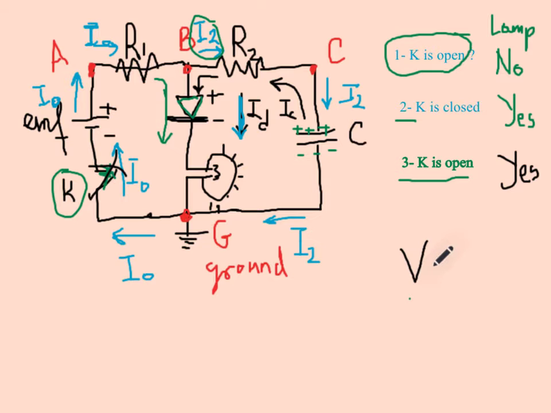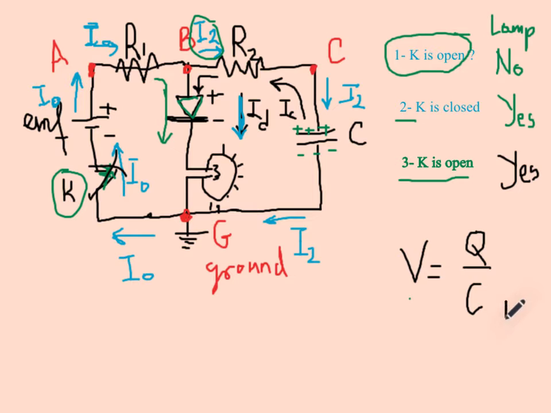at the two tips of the capacitance, potential V equals Q, the total charge, divided by C. So C is the capacitance, the capacitor, what you call the capacitance.